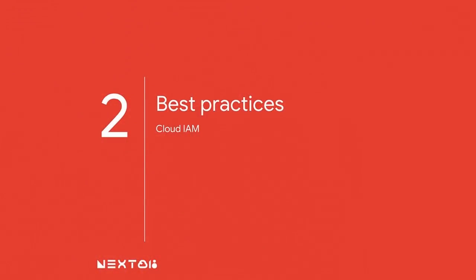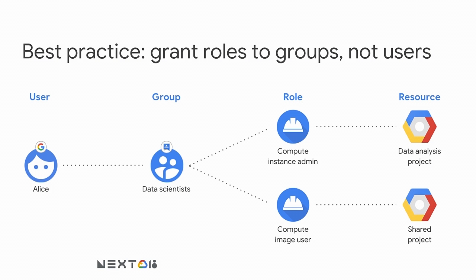Now we're going into our second part, the best practices. So say that you're starting up and you just have your first data scientist join the company. You don't have that many resources, and you want to grant her 2 different roles for 2 different resources.